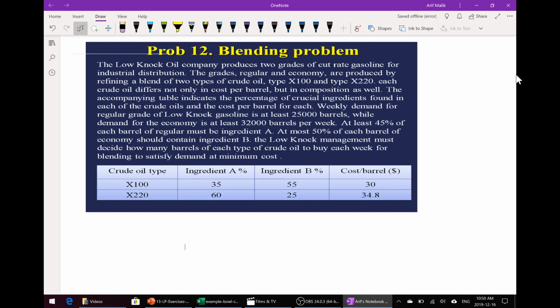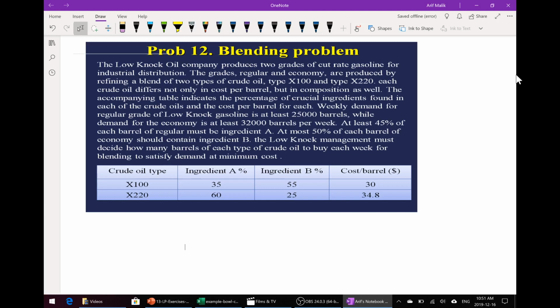The accompanying table indicates the percentage of crucial ingredients found in each of the crude oils and the cost per barrel for each. Weekly demand for the regular grade of Low NOx gasoline is at least 25,000 barrels, while demand for the economy is at least 32,000 barrels per week.